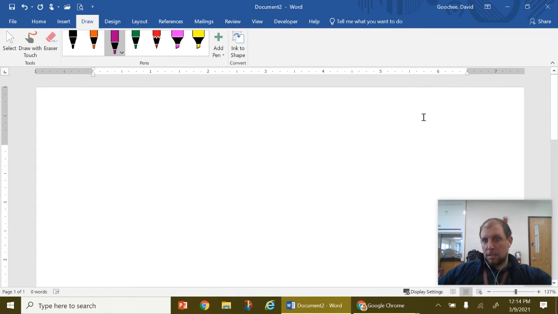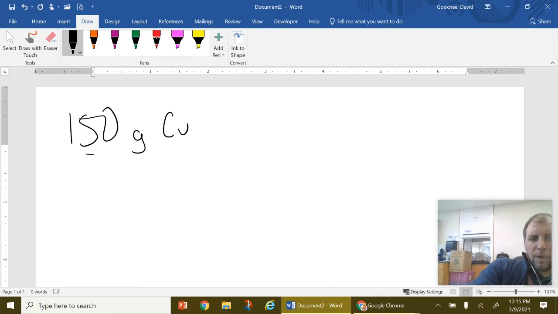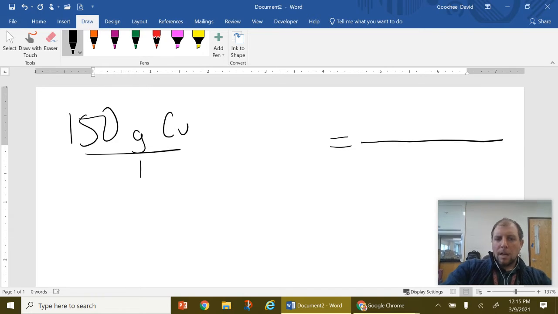Well, let's take this copper here that I got. Let's say I have 150 grams of copper. Great, I was able to measure that out in the lab, but I can't do any calculations until I figure out how many copper atoms that is, i.e., how many moles of copper.